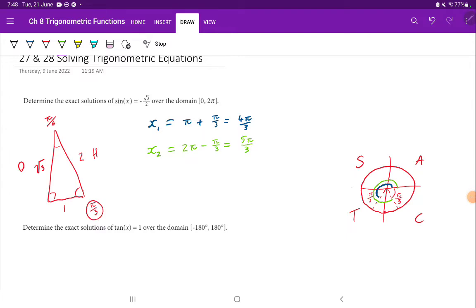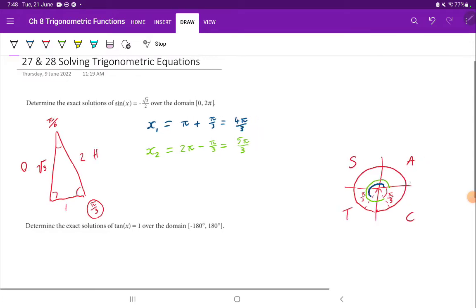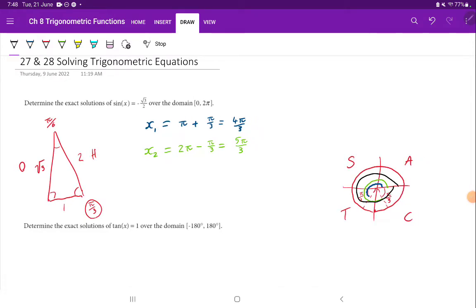And now I need to have a look around to basically see if there's any other solutions within this domain. And remember, these are actually two infinite families. If I wanted to list all solutions, well, I could just add 2 pi and that's going to be fine. But because we're only interested in the first rotation of the circle from 0 to 2 pi, those are the only two solutions. Any others are going to be outside of that domain.